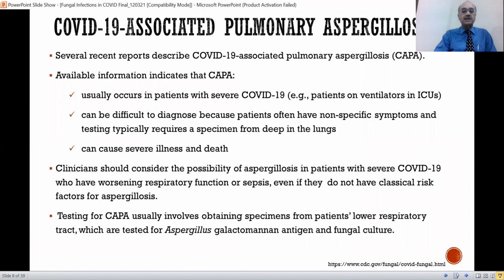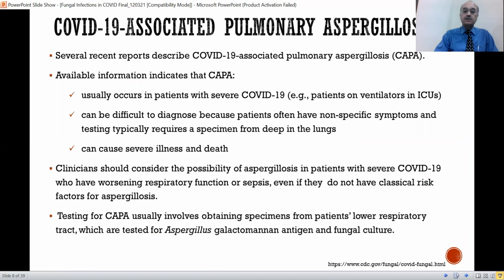COVID-19-associated pulmonary aspergillosis, or CAPA, in other words, usually occurs in COVID-19 patients who are on ventilators and are critically ill. Their symptoms are very non-specific, exactly mimicking those of COVID-19, and these are very serious infections which can cause illness and death.